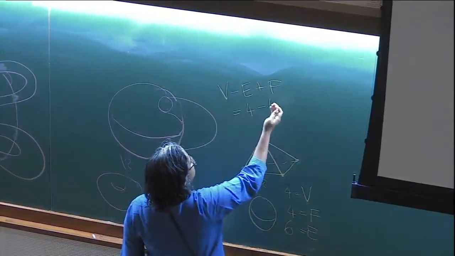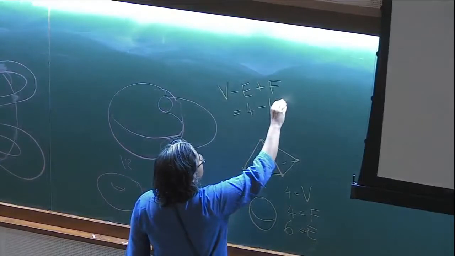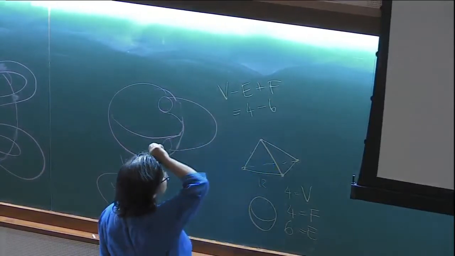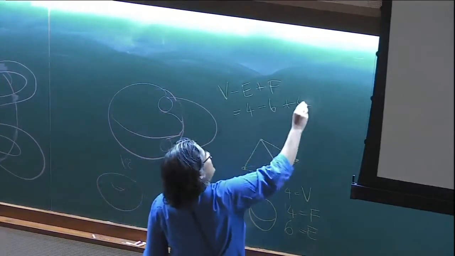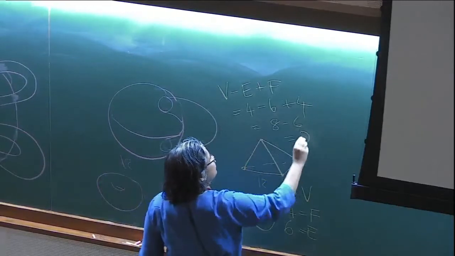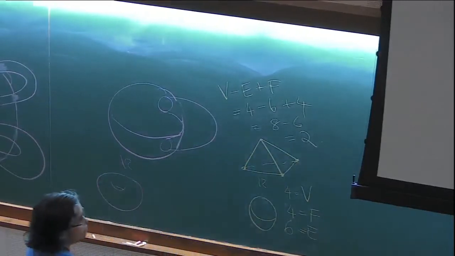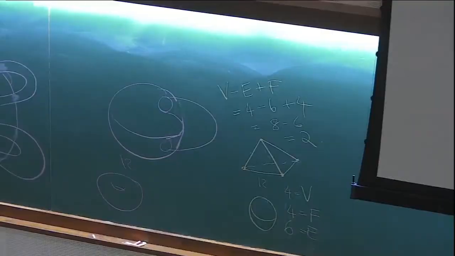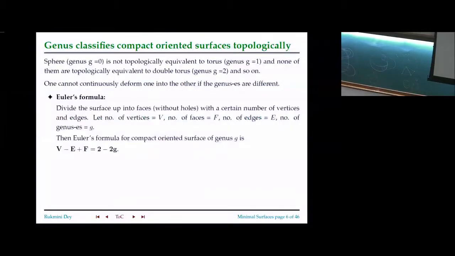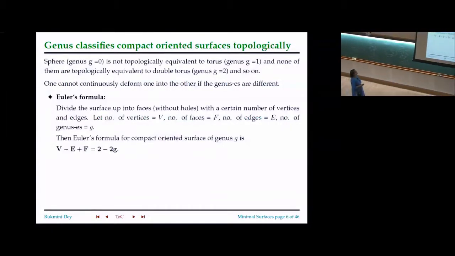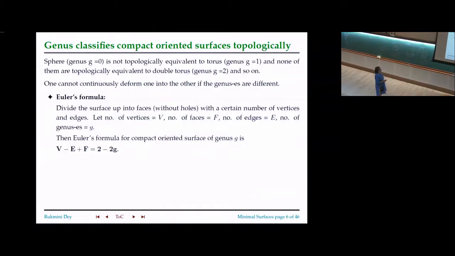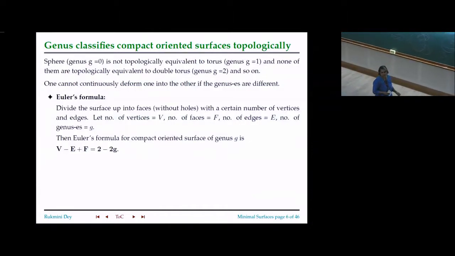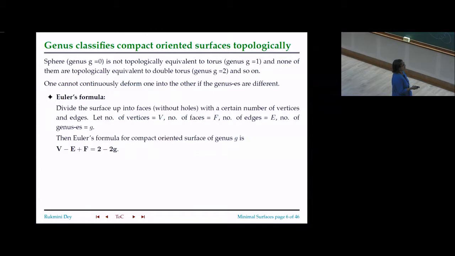V minus E plus F. It should be plus 2. Yeah, it's coming plus 2, sorry. 4 minus 6 plus 4 is plus 2. And Euler's formula says V minus E plus F is equal to 2 minus 2G. So if it is plus 2, then the genus must be 0, which makes sense, right?